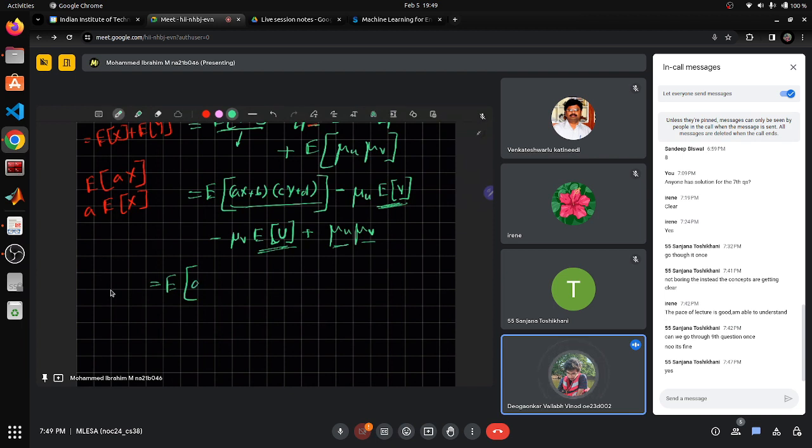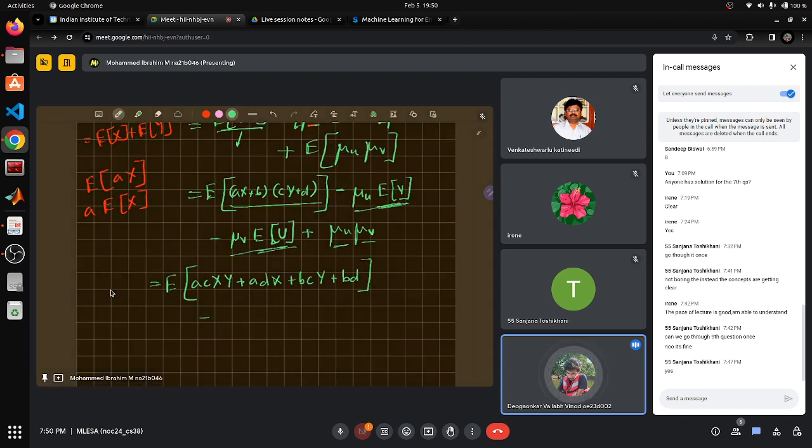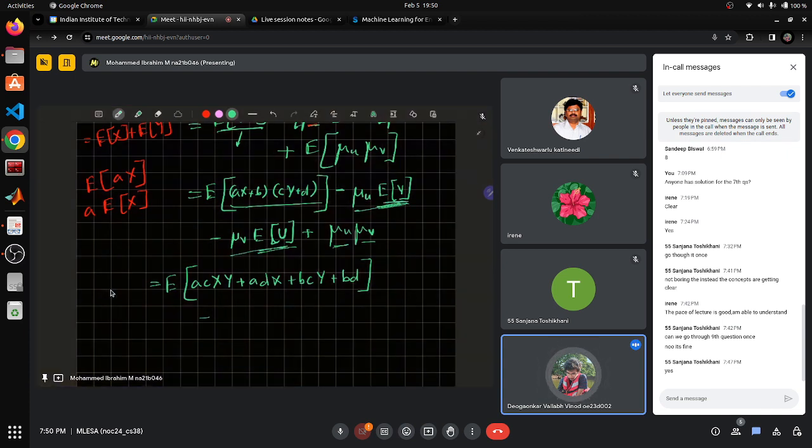And we can expand it like this, minus all of these terms. And you can notice that expectation of v is also mu v, and expectation of u is also mu u. You can essentially boil it down and just write minus 1 mu u mu v.